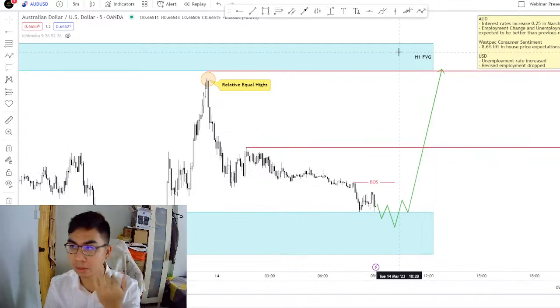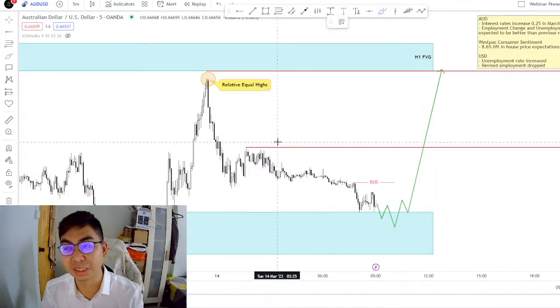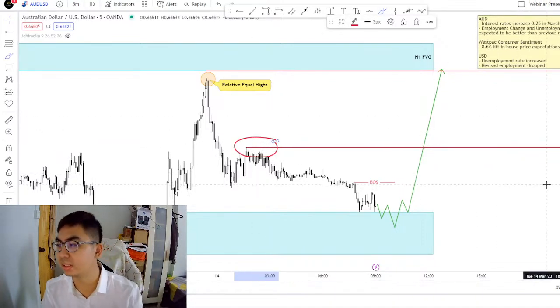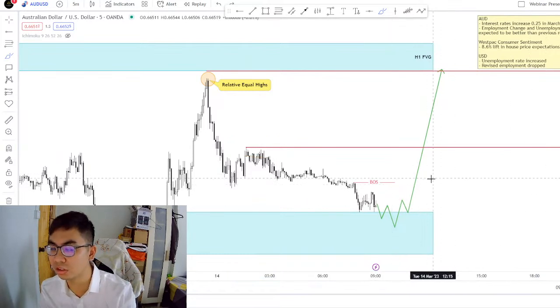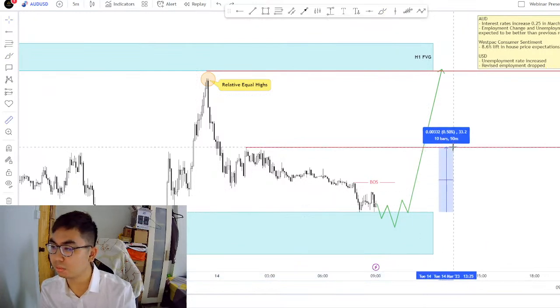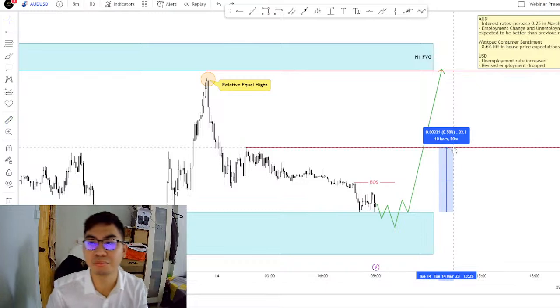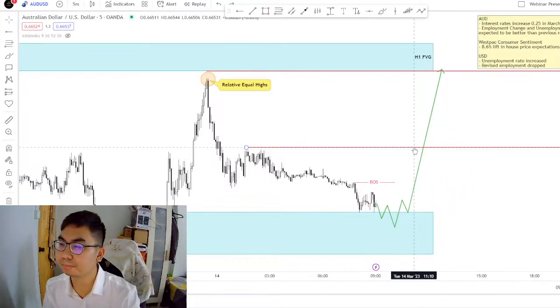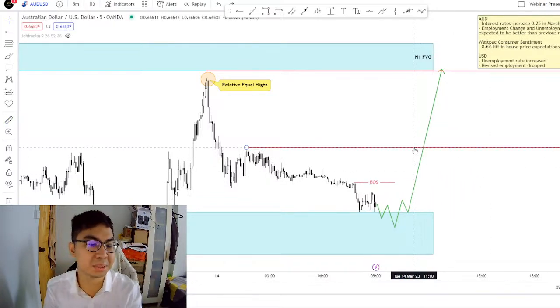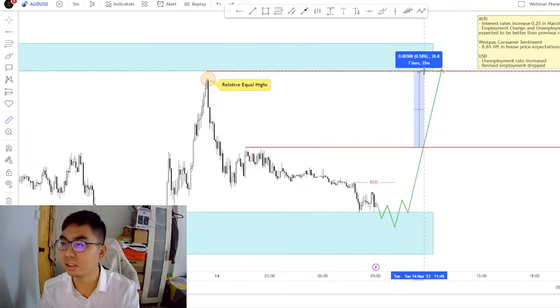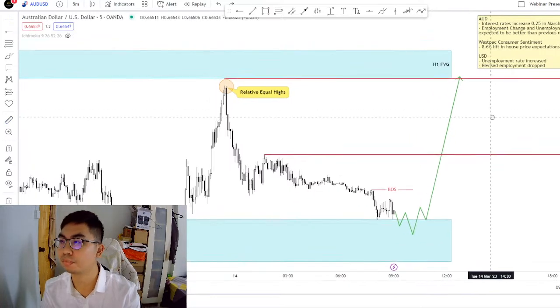I'll likely close maybe 50% of my position once price hits target 1, because it's relatively short, about a 33 pip rise. If you want, close 80% and leave the remaining to run towards the upside. There will be another 40 pip move.